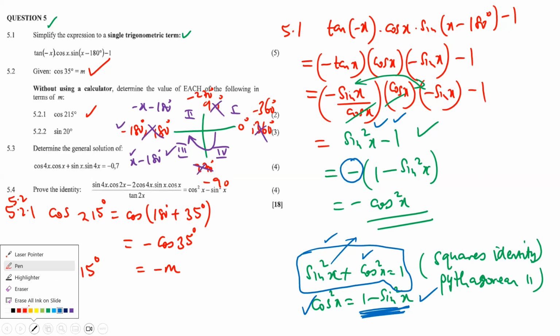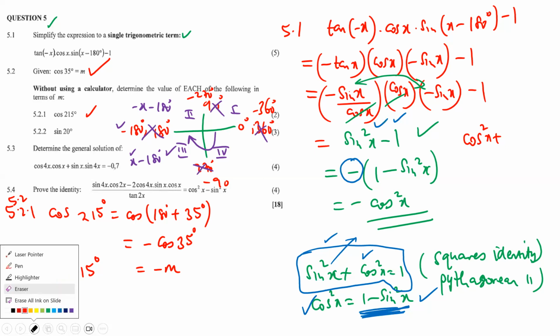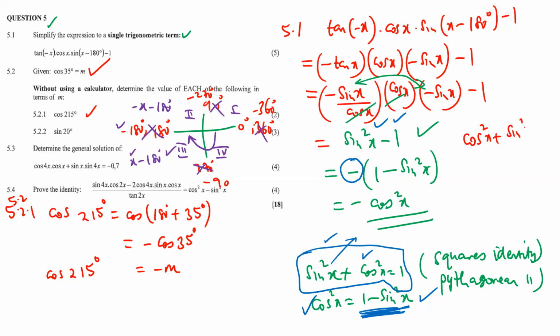I know students have that temptation, but first we must say what the identity is. It is cosine squared plus sine squared, which is 1.